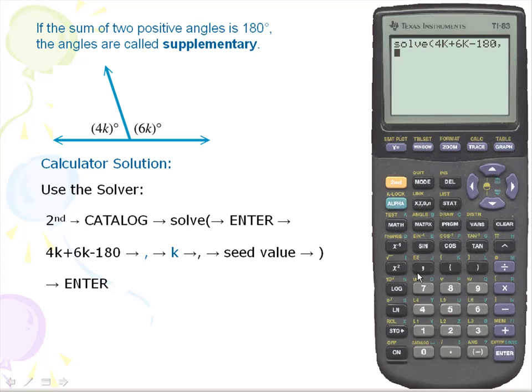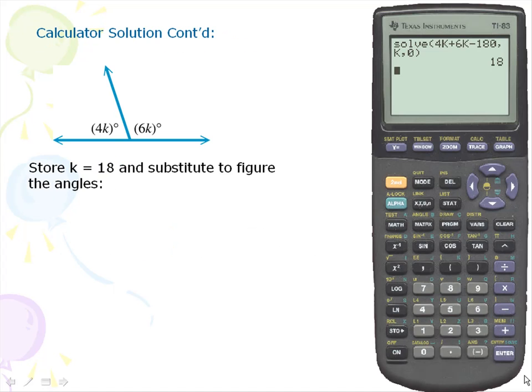We want to put in our comma. The variable in this particular equation is K. We'll put in another comma. We'll put in our seed value of 0. We'll close off the solve function and we'll hit enter. And notice we get a value of 18.